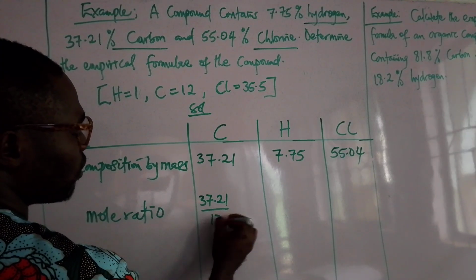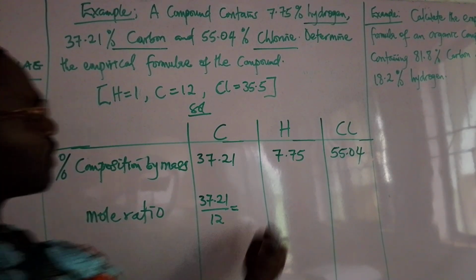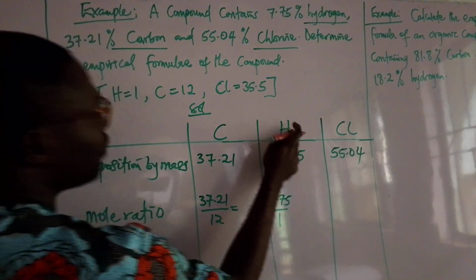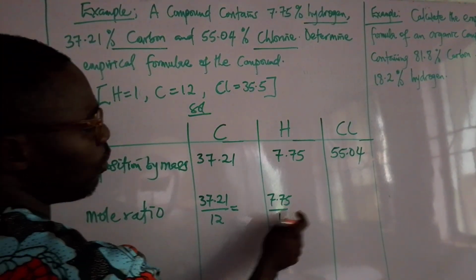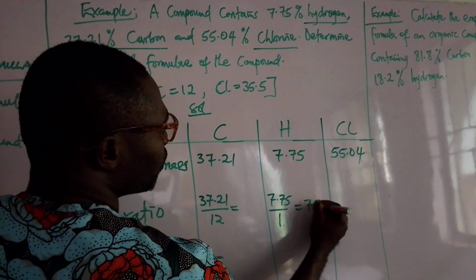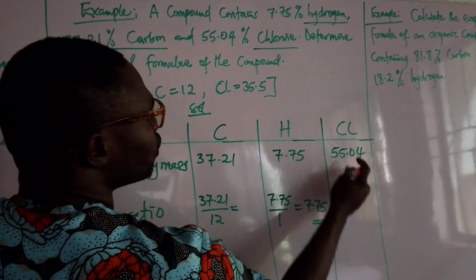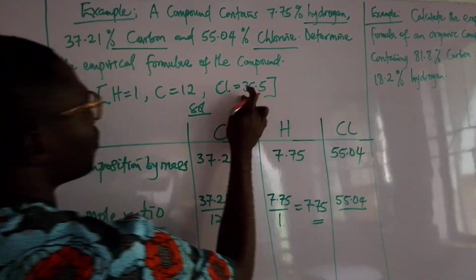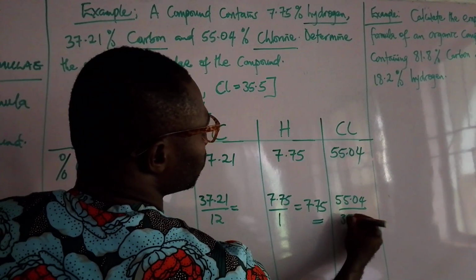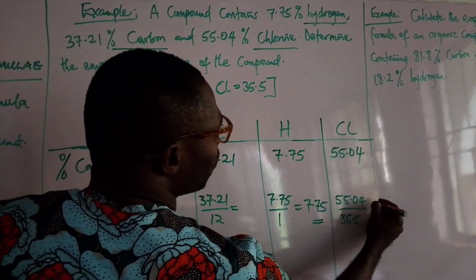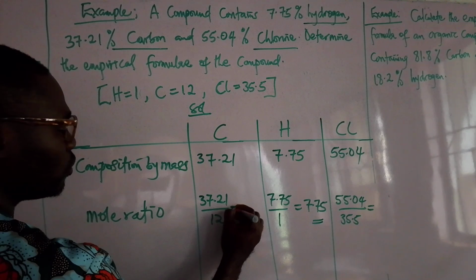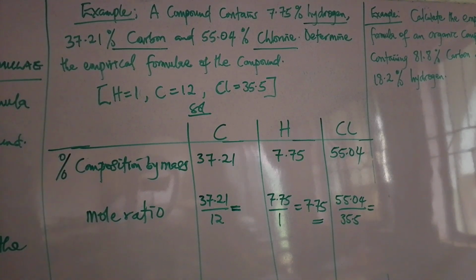Use your calculator to get that answer. 7.75 divided by 1, hydrogen is 1, so that will still give us 7.75. And 55.04 divided by, what is chlorine here? 35.5. So you tell us what you get. Pause the video and quickly do the calculation.